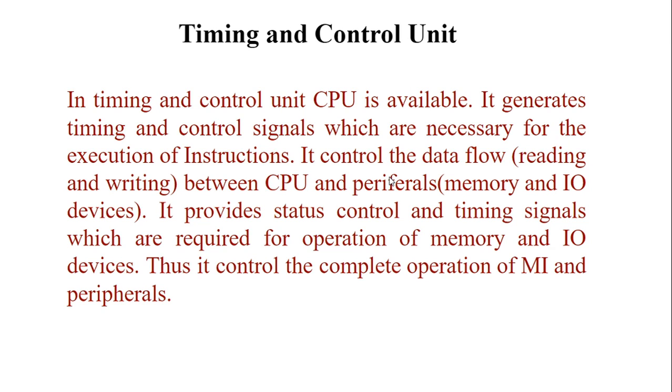It provides the status, control and timing signals which are required for the operation of memory and I/O devices. Thus it controls the complete operation of the microprocessor and peripherals. Whatever signals are required for performing the operation, all those timing and control signals are generated by the timing and control unit.